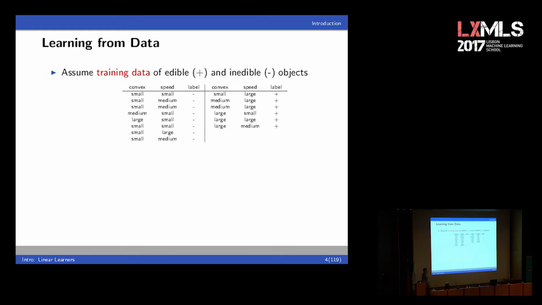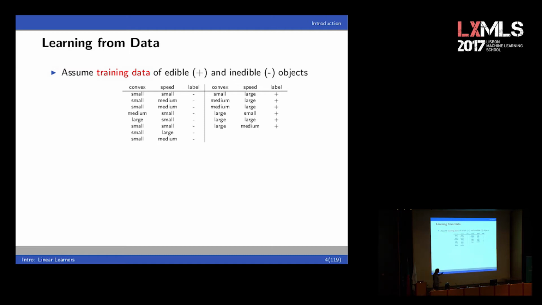So the model is built on data. Let's say we only look at 2 features, right? 2 detectors. One is convexity, so is it a round object or a big object? And the other one, speed.